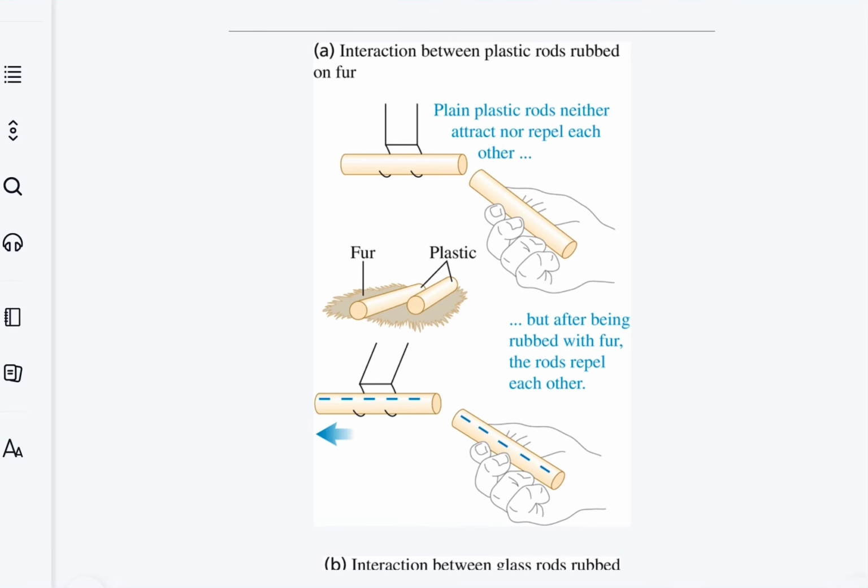I tried it and it doesn't work. I tried markers and plastic chopsticks. It doesn't work. The diagram says if you rub 2 plastic rods on fur and then try to put them to each other, they will repel each other because of the electrical static charges that the fur rubbing caused.